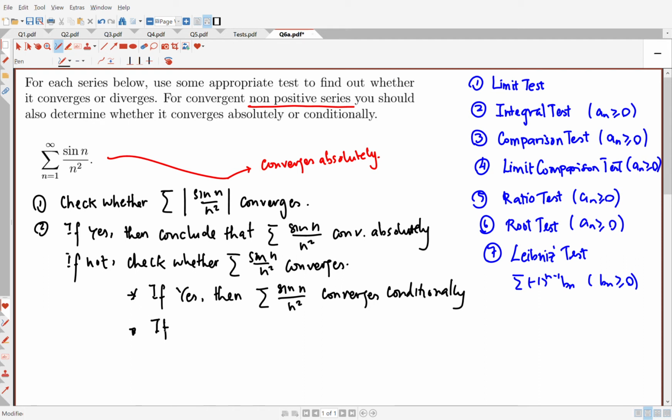If not, then the sum of sine n over n square diverges.